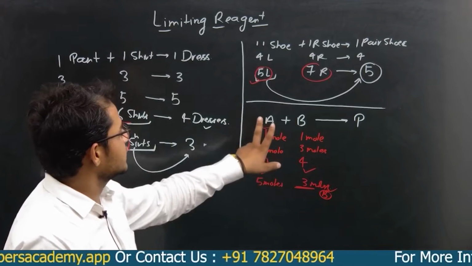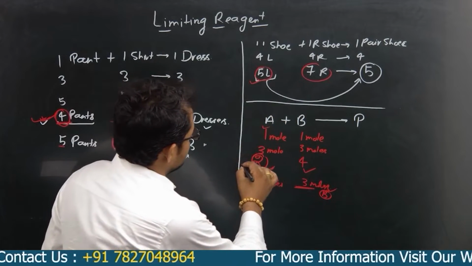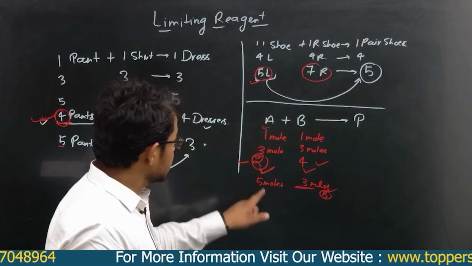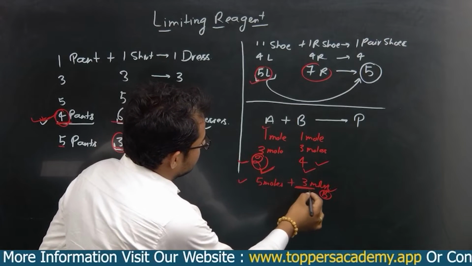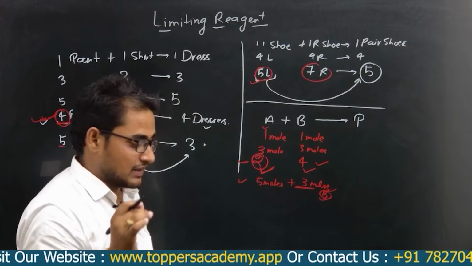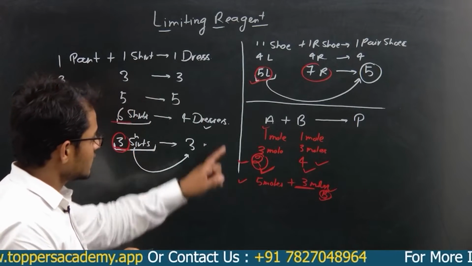So out of these 2 reactants, one will be the limiting reagent. When 2 moles of A react with 4 moles of B, the limiting reagent is A, and if 5 moles of A react with 3 moles of B, the limiting reagent is B. This is how we deal with limiting reagent.